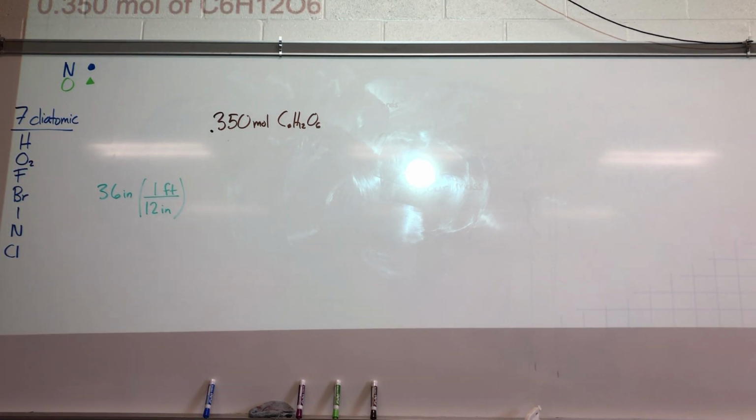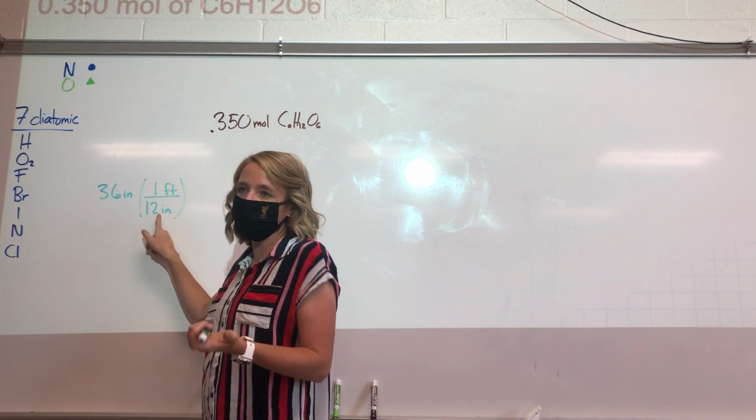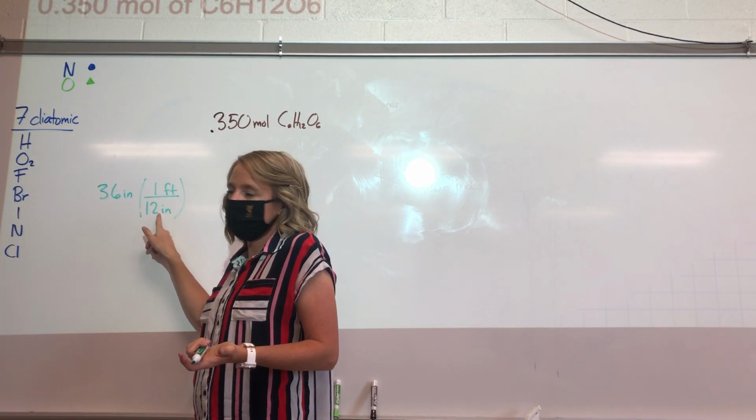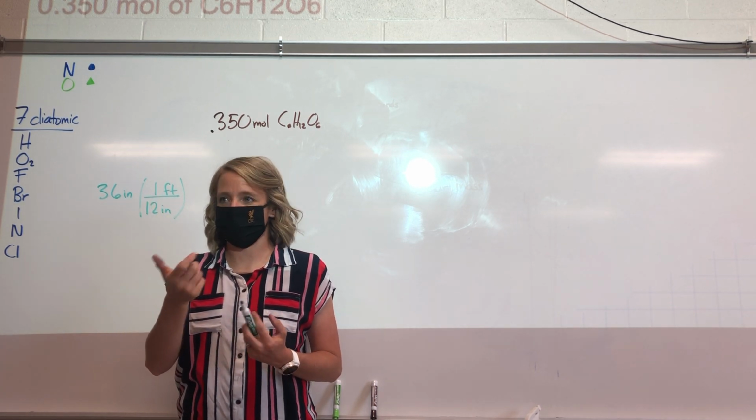The way conversions work mathematically is that the thing you are relating is equivalent. Literally, mathematically, we are timesing by 1. Because if this equals this in math, it equals 1. And if you times by 1, you're not actually changing the value.